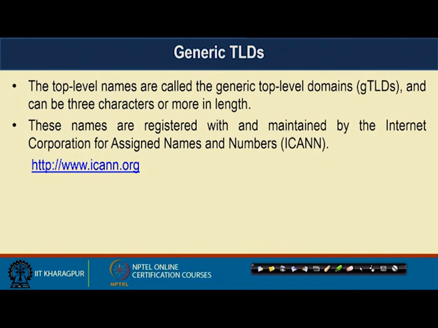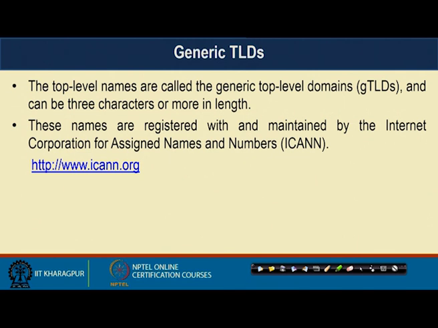So, we have some generic TLDs, as we were discussing, the top level domains. Top level domains are sometimes called generic TLDs or gTLDs, and can be 3 characters or more in length. So, there is the top level domain, typically 3 characters, or there are ones like arpa, etc., which is 4 characters. These names are registered with and maintained by an authoritative agency, which we call ICANN.